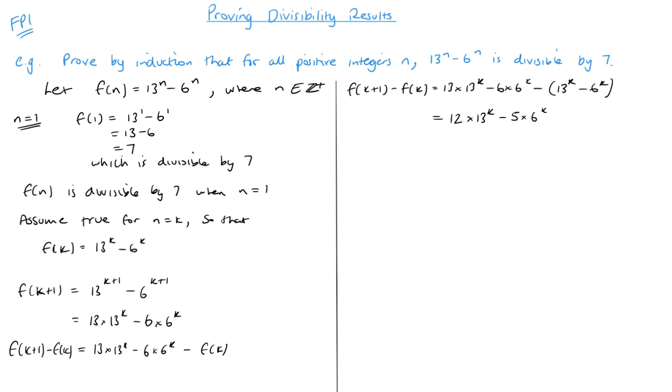I'm going to take an extra step in this first example, just to show you what I'm doing. I'm going to split this up into 2. So it's going to be 7 times 13 to the k plus 5 times 13 to the k, and these two obviously add up to give me the 12, minus 5 times 6 to the k. So that's 7 times 13 to the k plus 5, and that's 13 to the k minus 6 to the k.